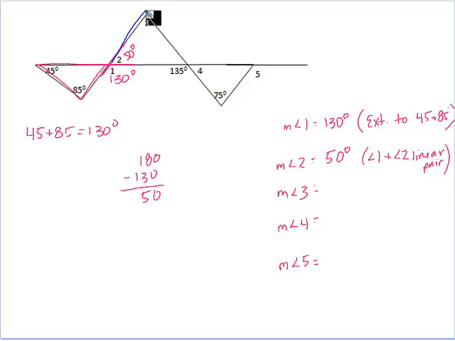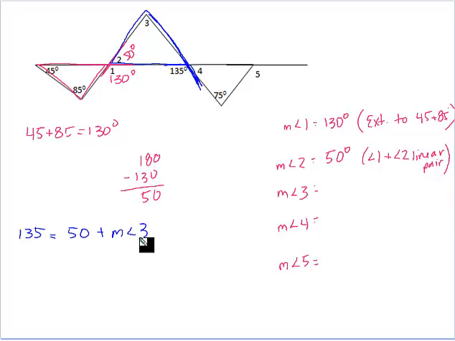So here's angle 3. We don't have the third angle in that triangle, so we can't add the 2 up and subtract from 180, but we do have this exterior angle here of 135. So the exterior angle is equal to the 2 remote interior. So 135 should equal 50 degrees plus the measure of angle 3.